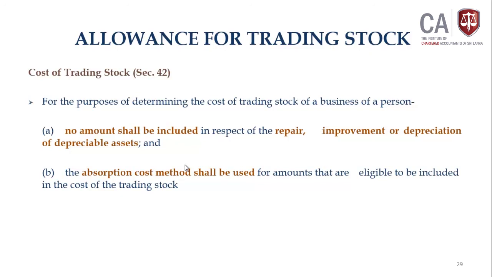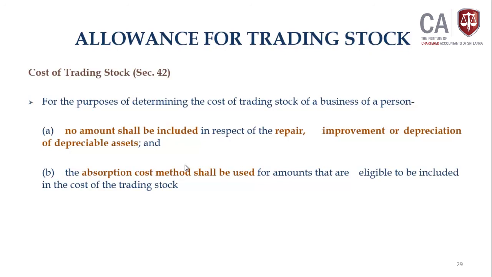You would have learned in costing or management accounting that there are two methods of valuation, marginal cost or absorption cost. What is the difference? When you come to marginal cost, you include only direct material, direct labor and other direct overheads or direct cost.